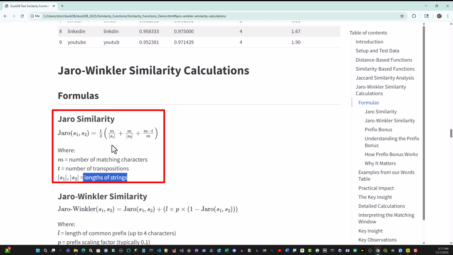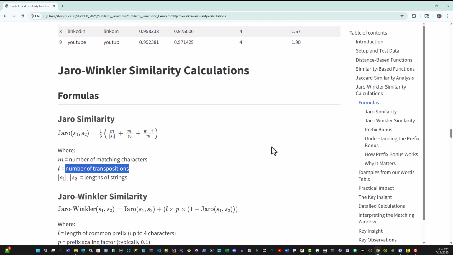So that's the S1 and S2. And then the last portion of this formula, you take the number of matching characters, number of transpositions. Remember we talked about transpositions for those distance functions where you switch the letters. How many switches do you have to do in these letters? They will determine the number of transpositions.